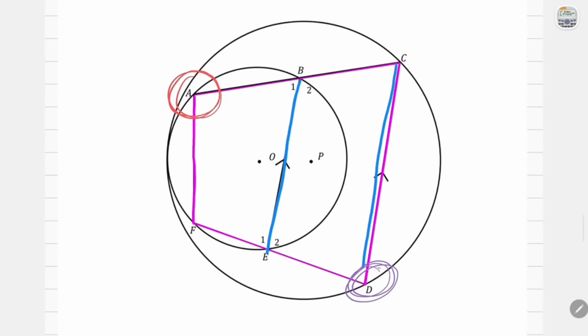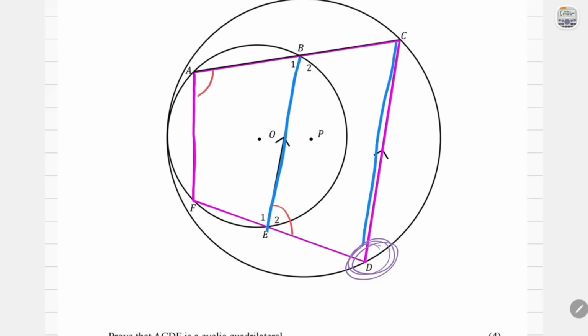Do you see that in this smaller circle, A, B, E, and F, we have a quad there? And this quad has an exterior angle, E2. So angle E2 is equal to angle A. So we have moved from angle A, and we are now at angle E2. And then from this point, how can we eventually get to here?